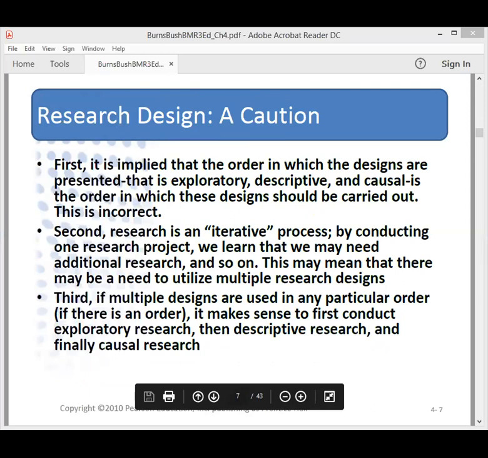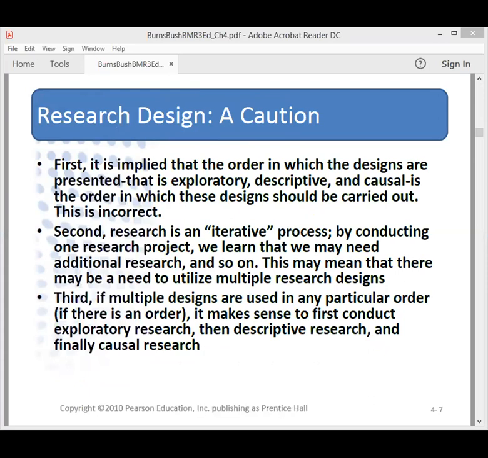So for research design, there's a few cautions. First, exploratory, descriptive, and causal are not necessarily carried out in that order. They can be carried out in any order. Certain things can be repeated as you go through the process. Second, this is an iterative process.